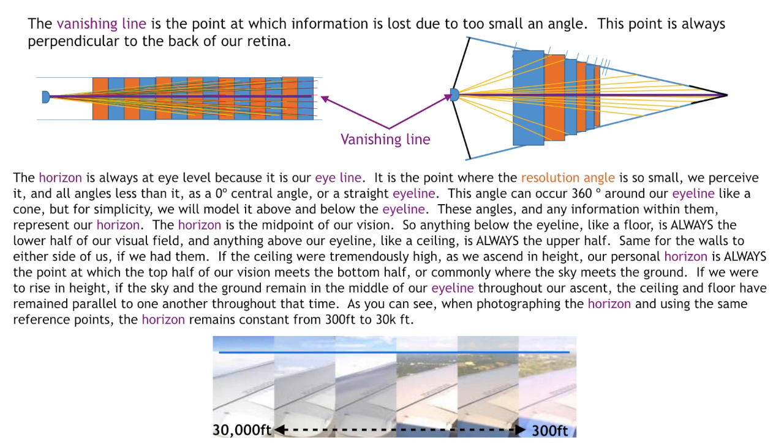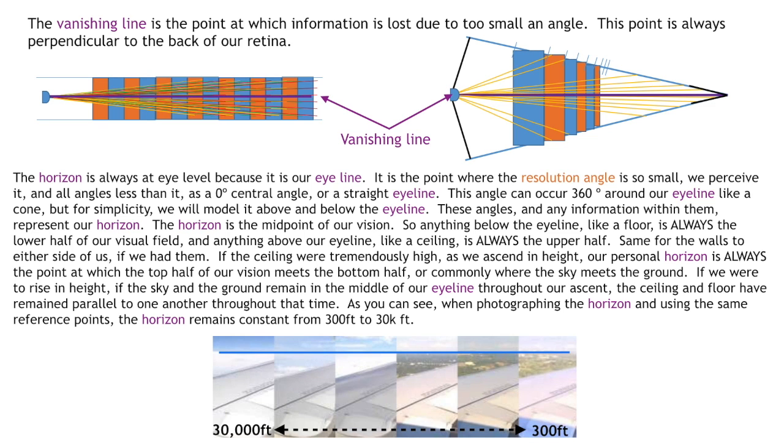So if the ceiling were tremendously high, as we ascend in height, our personal horizon is always the point at which the top half of our vision meets the bottom half, or commonly where the sky meets the ground. If we were to rise in height, and if the sky and the ground remain in the middle of our eye line throughout our ascent, the ceiling and floor have remained essentially parallel to one another throughout that time.